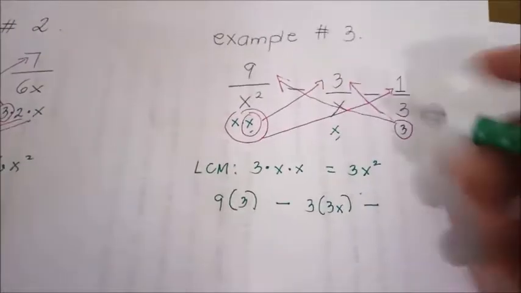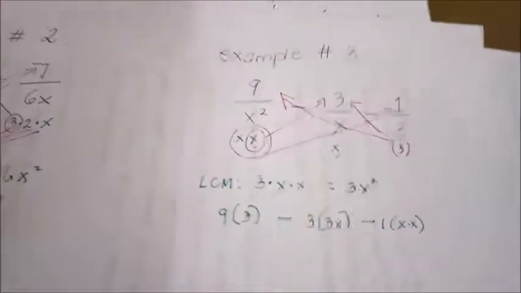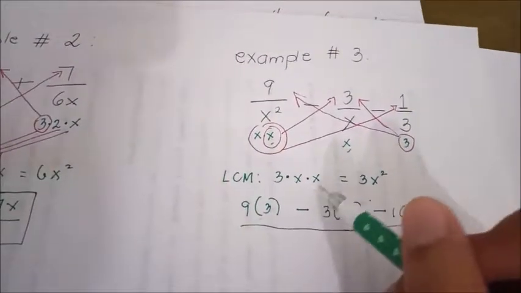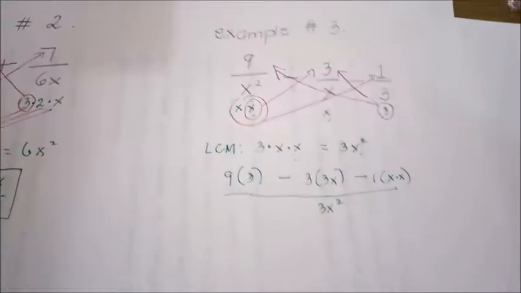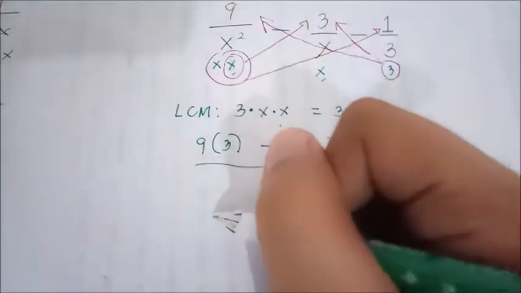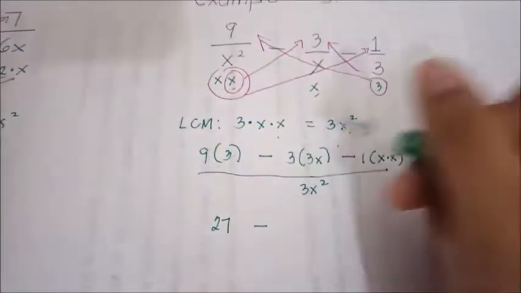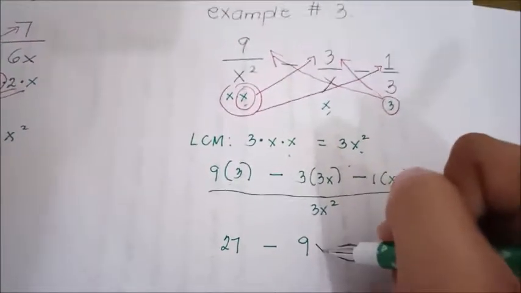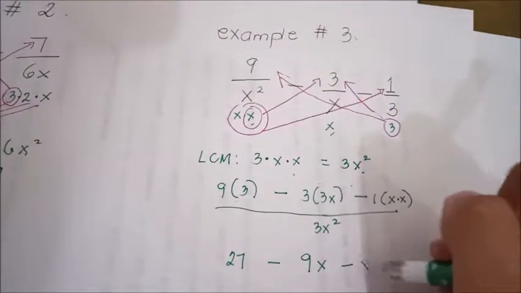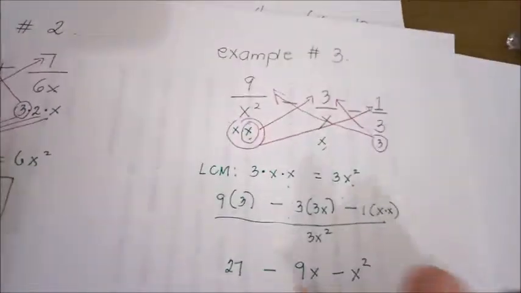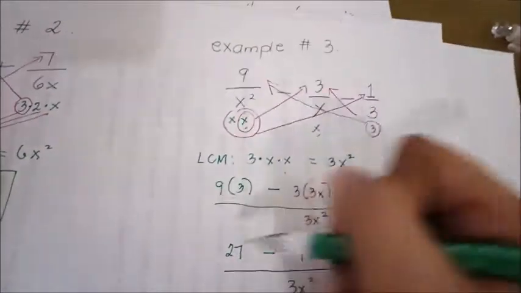So, yun lang ita-times natin. 1 times x or x squared. Diba? All over yung ating LCM na 3x squared. Okay. So, 9 times 3 ay 27 minus 3 times 3 is 9. Kopya lang si x. Minus x times x is x squared. Ayun na. All over, kopya lang ulit ang denominator, 3x squared.